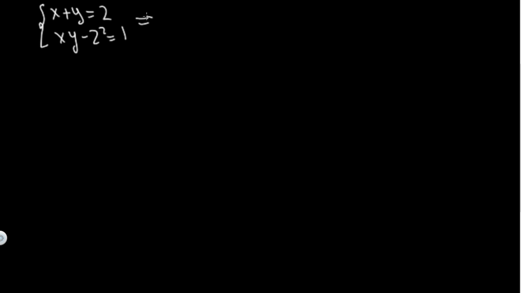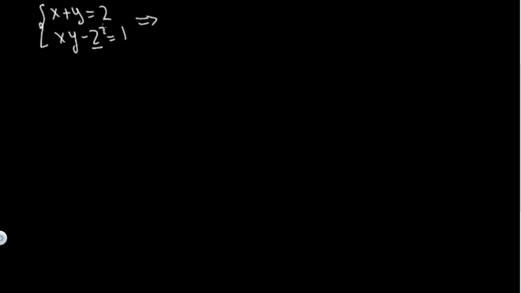So the question was: how many roots does this system of equations have in the real numbers field? To solve this, we need to see that z squared here is not related with the first equation.